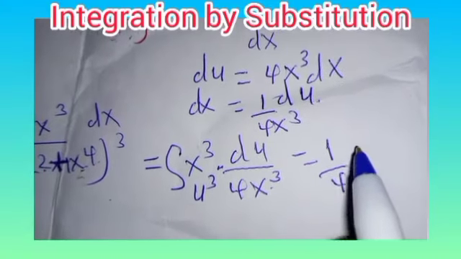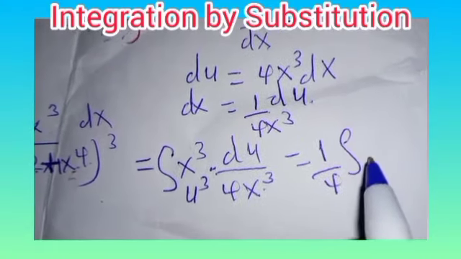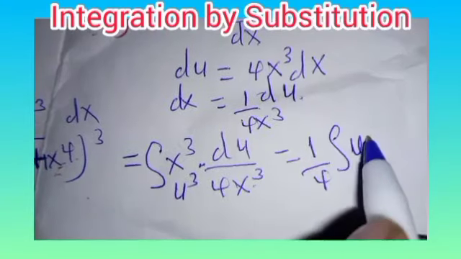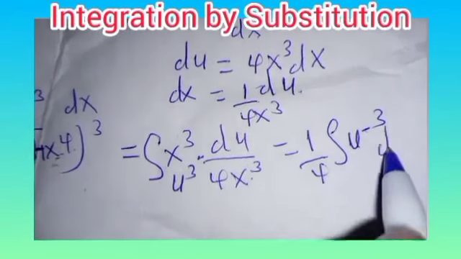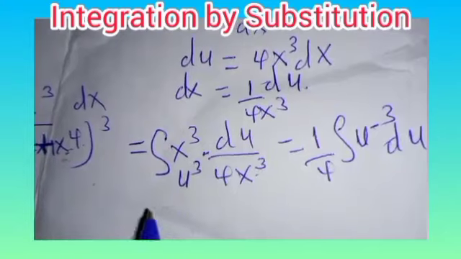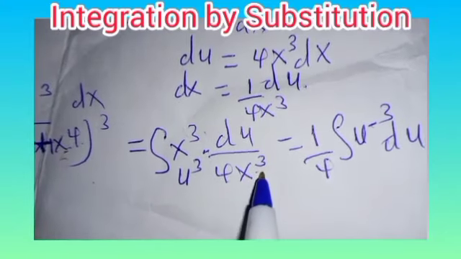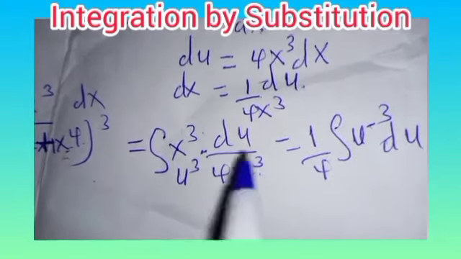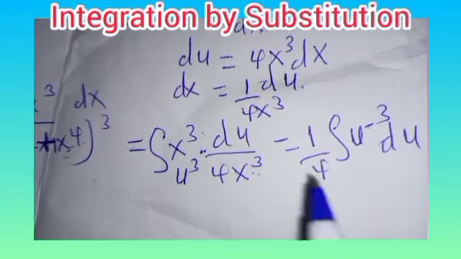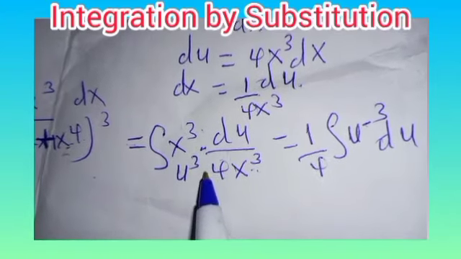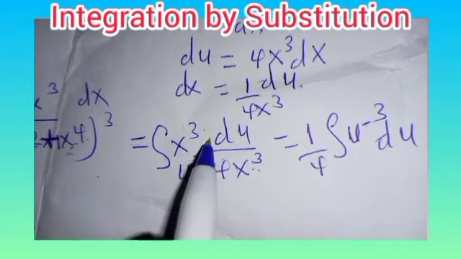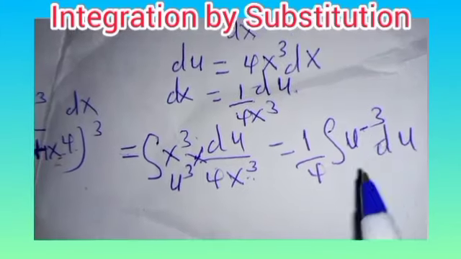To have u power negative 3 du. I have taken 1 over 4 outside, and then you have taken u power 3 up to make it negative.